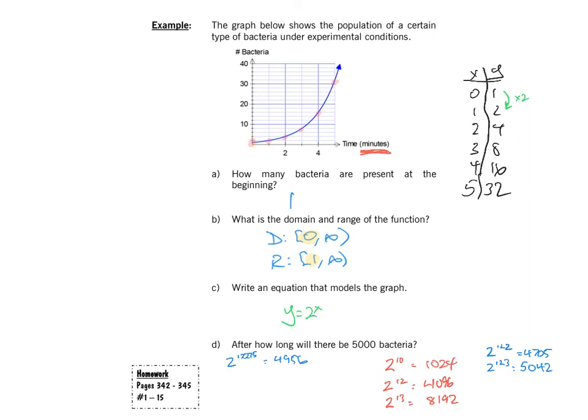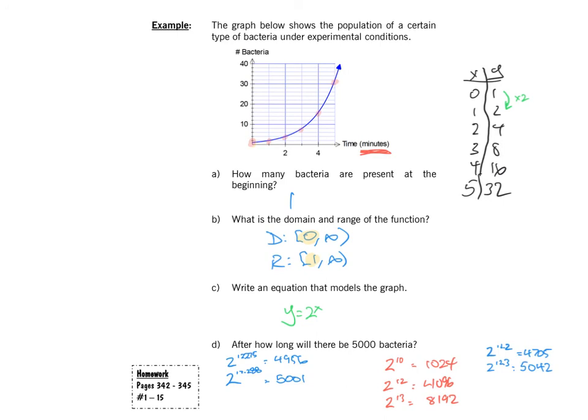How about, okay, I'm just fiddling around on my calculator here, and the best I can do is 2 to the 12.288, and that gets us to 5,001, and that's good enough.